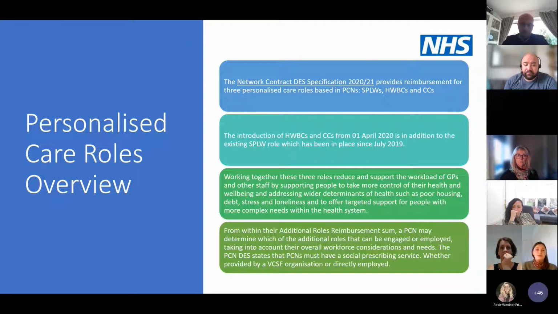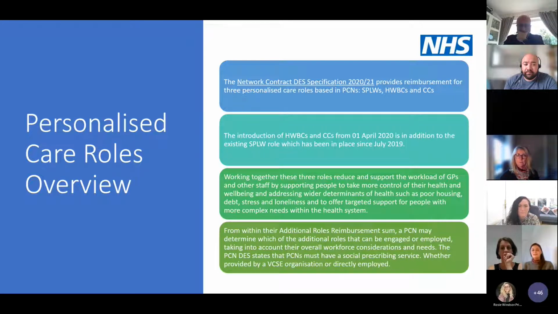We know that if we integrate these roles into the system in a really considered way, they can also have an impact on reducing the workload of the traditional primary care staff. And that was one of the main reasons for doing it. And also it's really important that they can have an impact on health inequalities as well, if it's targeted in a clever and considered way. So yeah, that's obviously going to improve the experience of the patient, which is fab, but it's better for the system too. So it's a win-win.